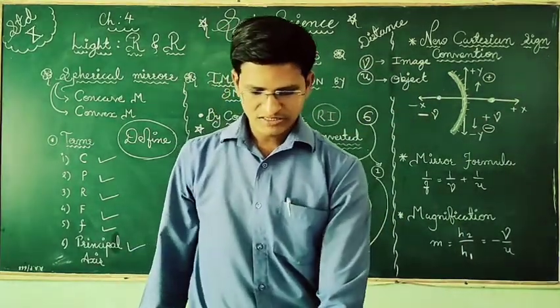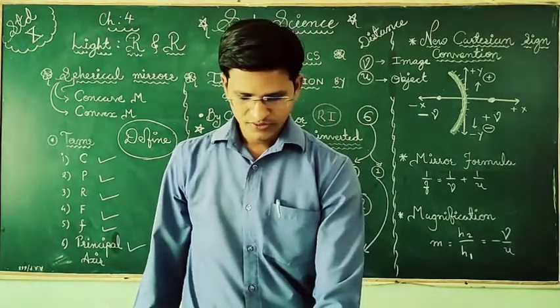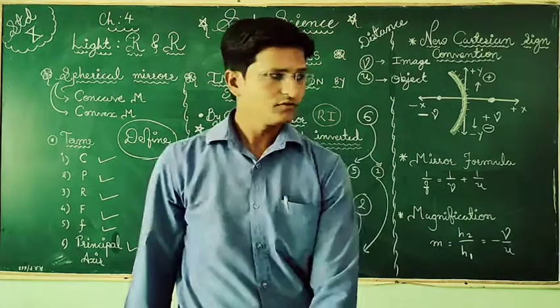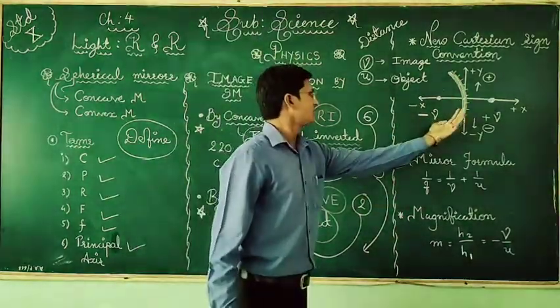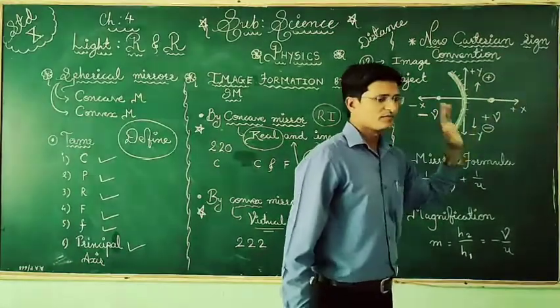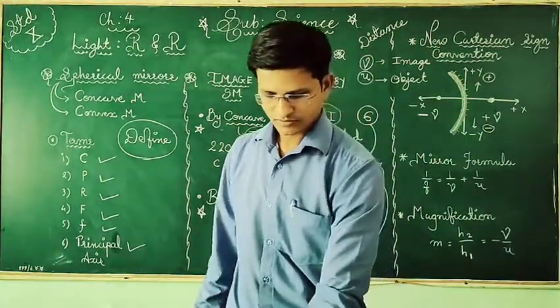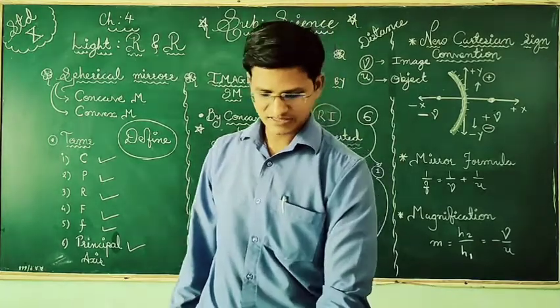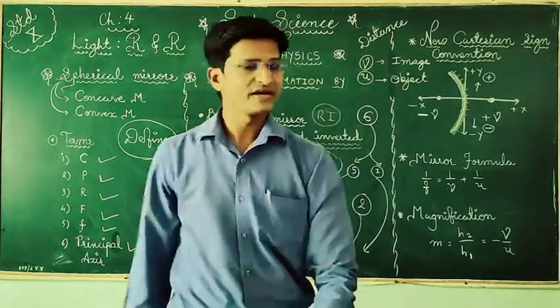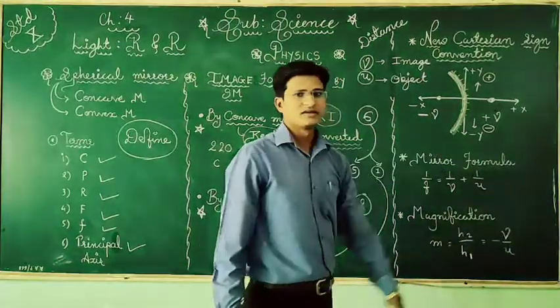The direction of the incident ray, if you see the diagram, you will get to know. Distances are negative on the minus side and positive on the plus side. Along the y-axis and x-axis, if it is on the plus y side it is positive, but minus y is negative.